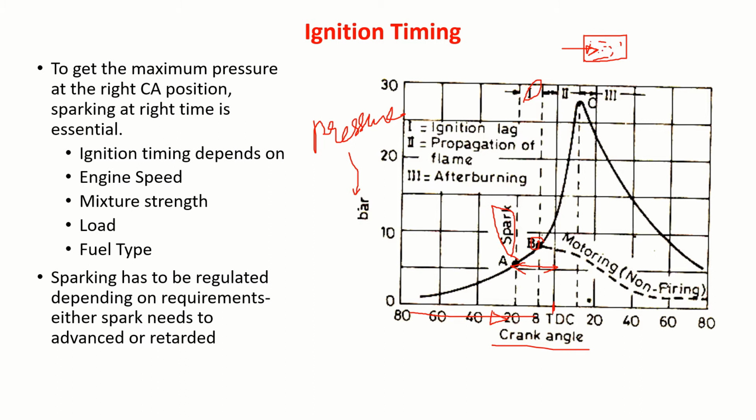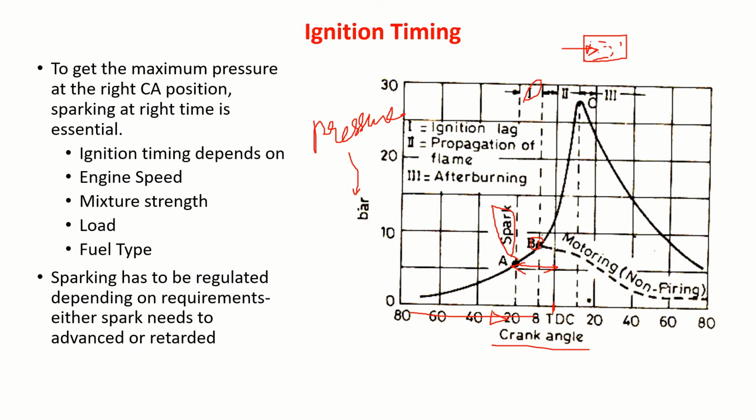Oxygen and fuel molecules should be able to react. So we can say it's a preparation stage. Immediately it will not happen. The molecules have to get the energy and attain some ignition temperature. So this is a chemical process actually. So this ignition lag is what will happen.